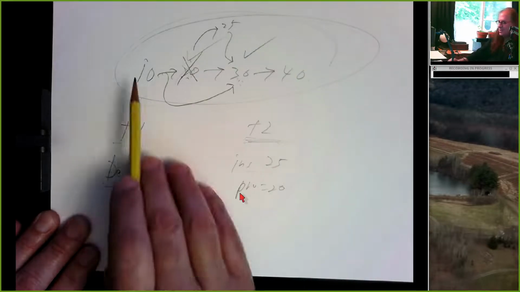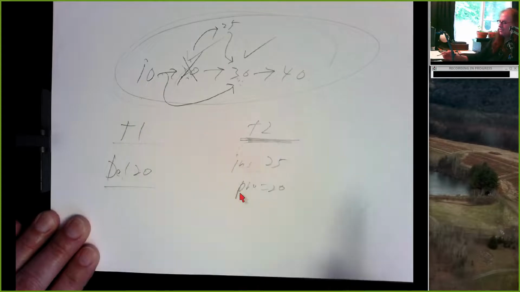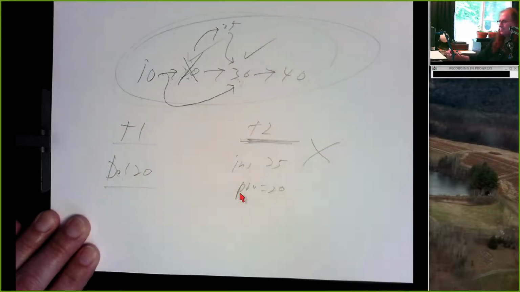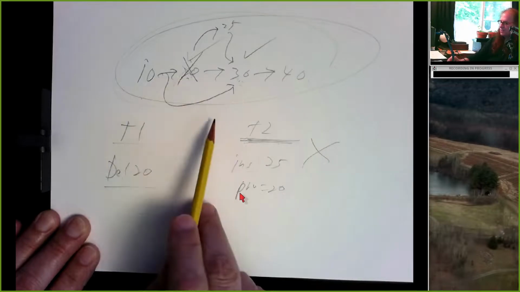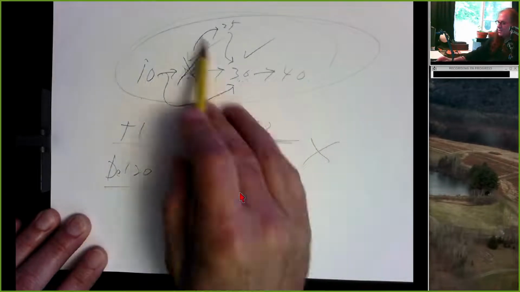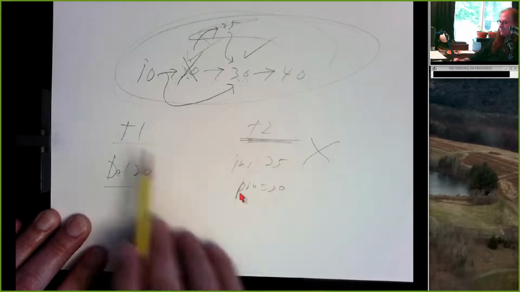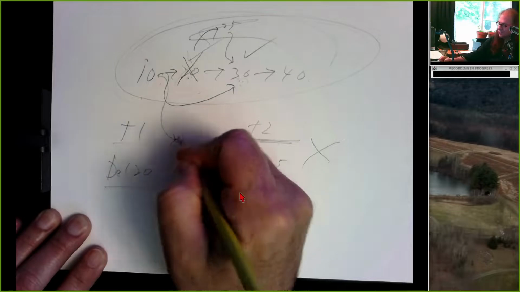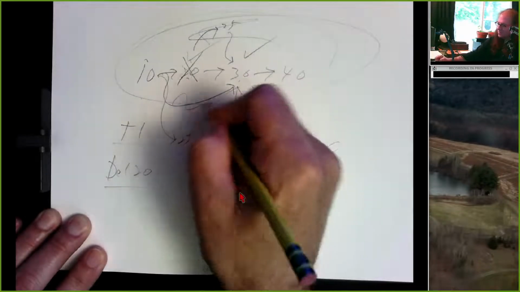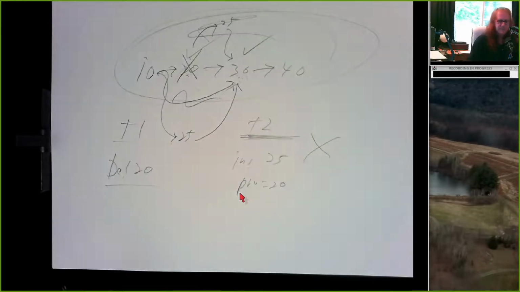So if thread 1 begins and now thread 2 wants to insert 25, this will block. And thread 1 will continue, it'll take the 20, remove it, change the 10 to the 30, and then it will unblock, and now thread 2 can continue and it'll say, okay, there's a 10, there's a 30, oh, we should go right before that. We'll change the 10 to point to a 25, and the 25 to a 30, and everything's great.